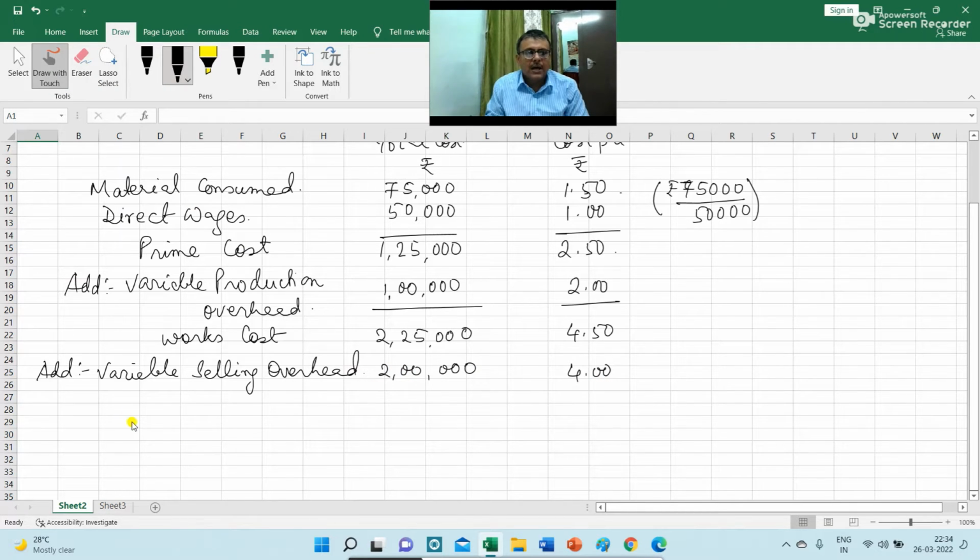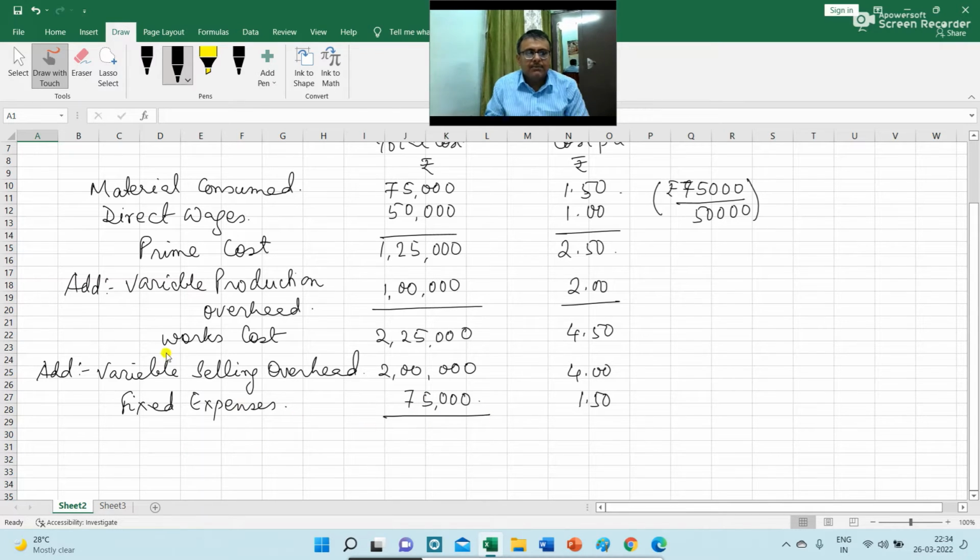Then you have to add up the fixed expense. In the question it is given the fixed expense to be 75,000 and per unit cost will be 1.50, that is rupees 75,000 by 50,000.